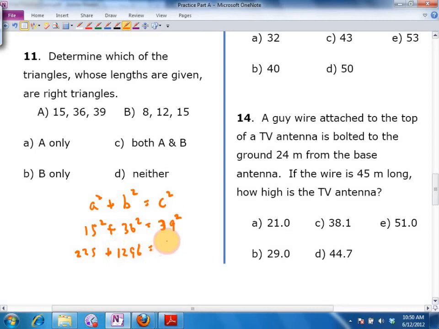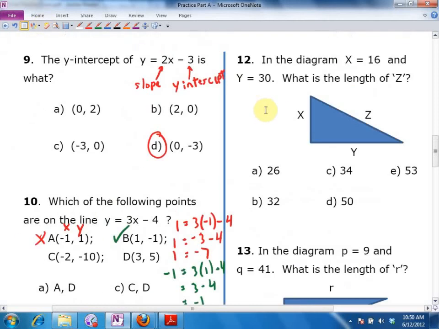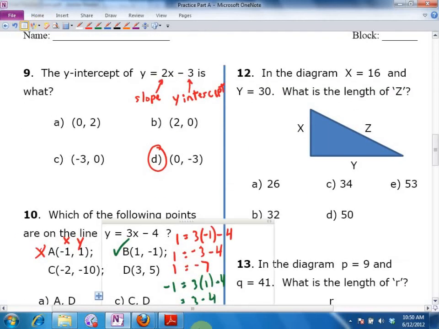What's that? 1,521. And if you add those together, you get 1,521. So the first one, A, definitely works. What about B? Does it work? No, it doesn't. So A is the only one. So A only. Okay, good. Good job.